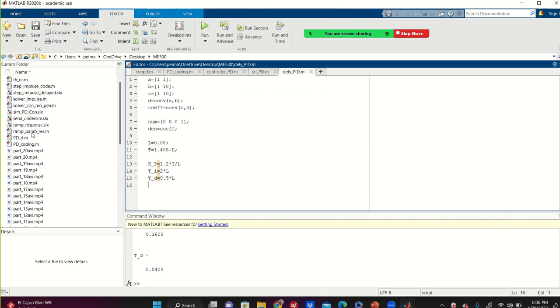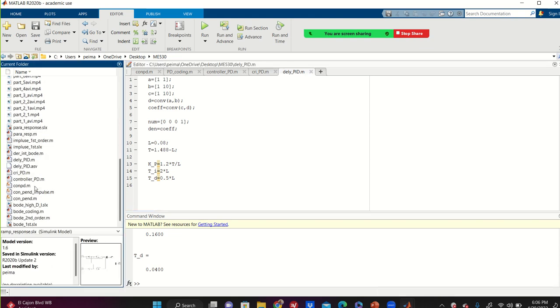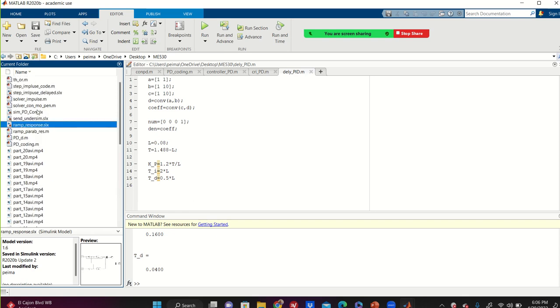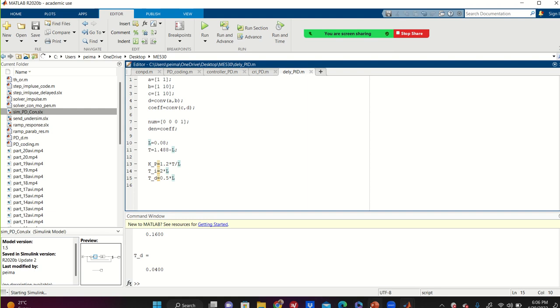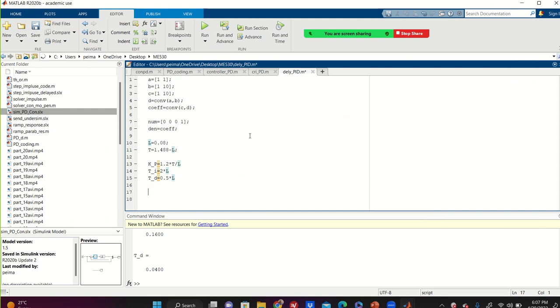So I'm going to go to Simulink, the PID block. But based on what we have here, because I'm going to do this in Simulink, I have to multiply this by this and this for this. So let me do that.